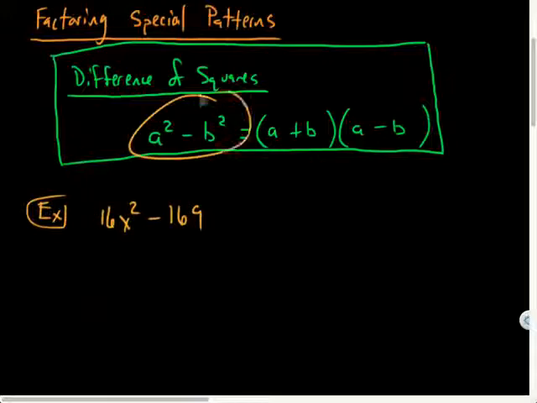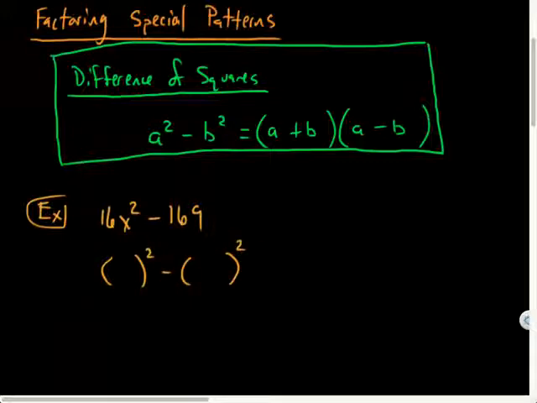The second thing I consider is this difference of squares pattern, meaning, could this possibly have been a perfect square, and could this have been a perfect square? So what squared is 16? 4. And what squared would be x squared? x.